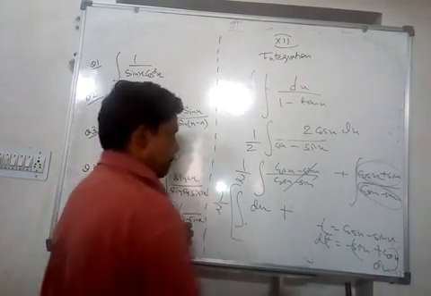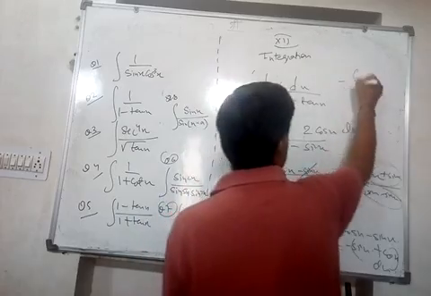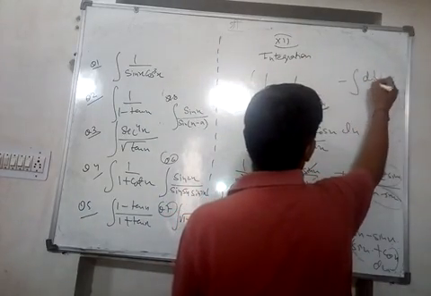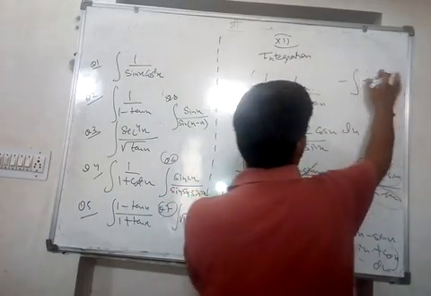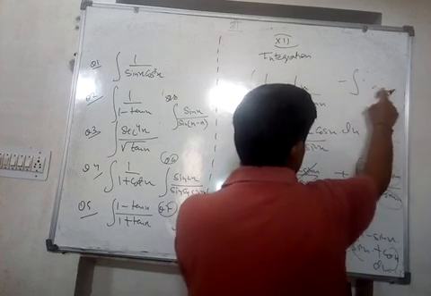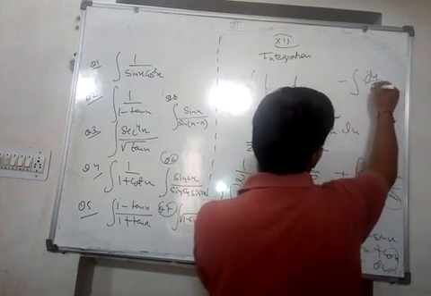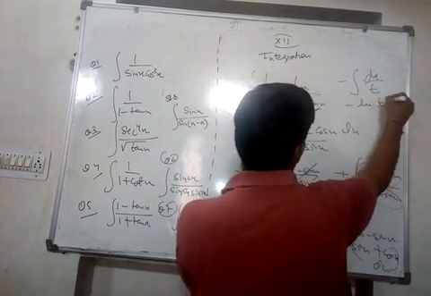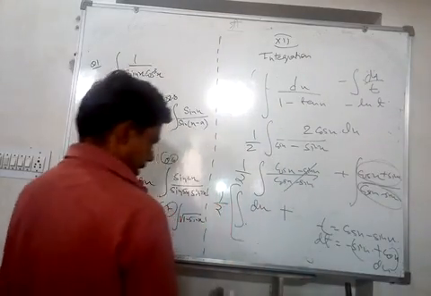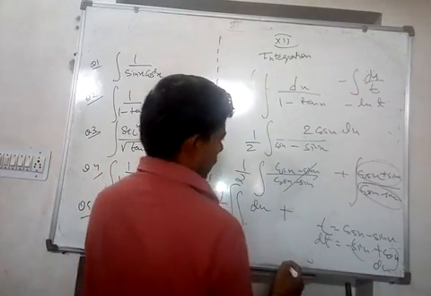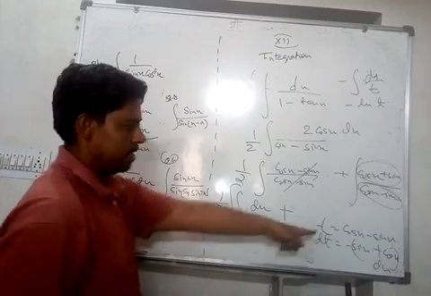So this will be minus integration dt upon t. We have taken dt upon t, right? This is minus ln t. So we got the answer as minus ln t, and we can now substitute for t as cos x minus sin x.